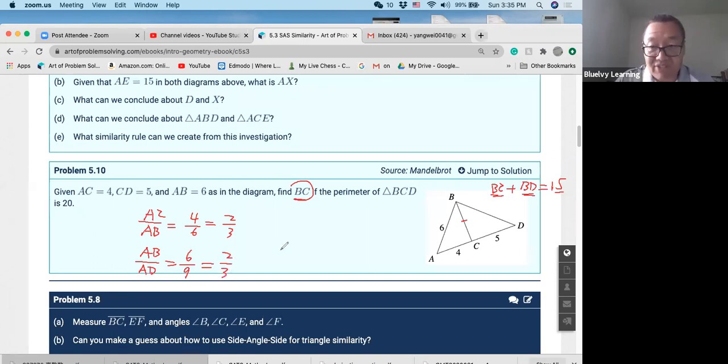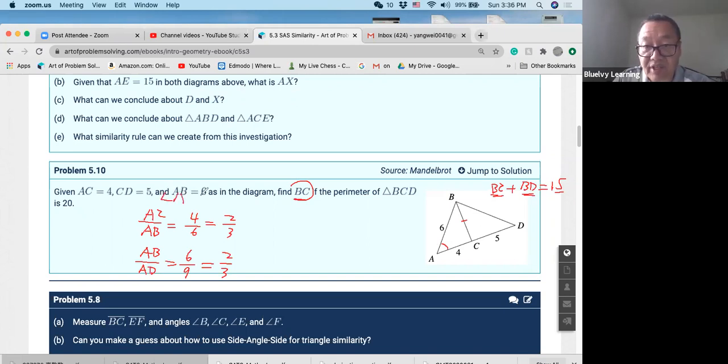Then AC over AB equals AB over AD. So that means these two triangles share angle A, right?